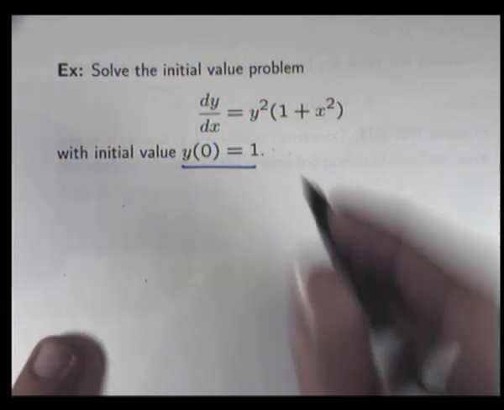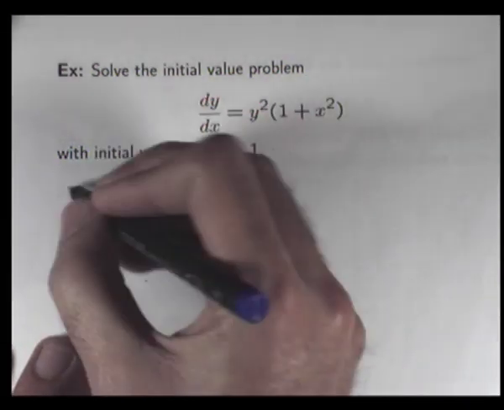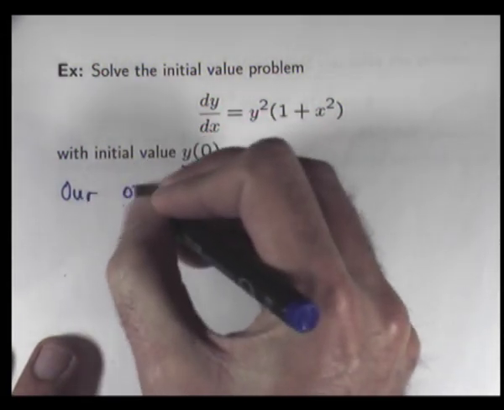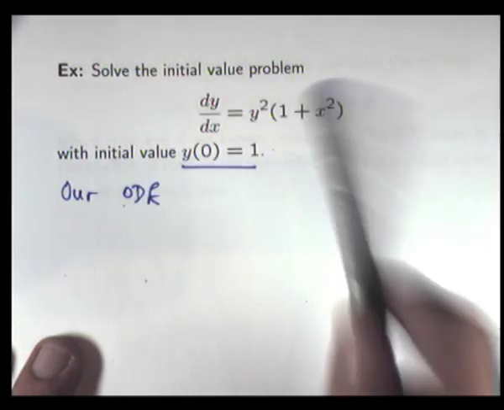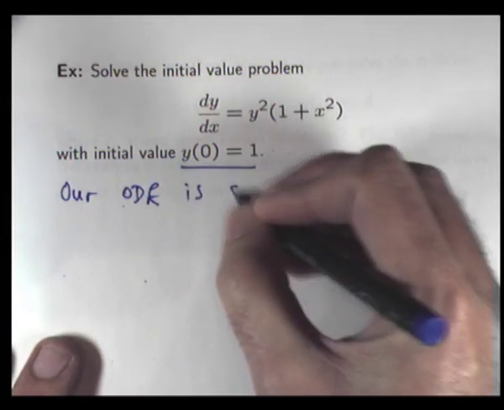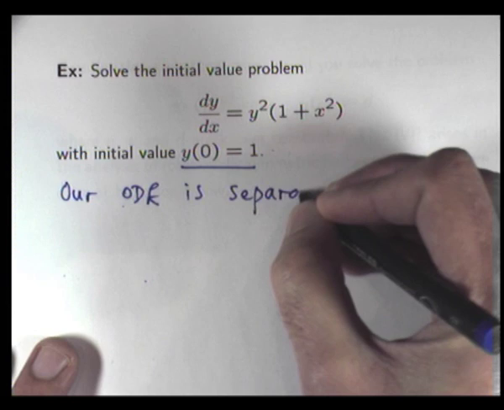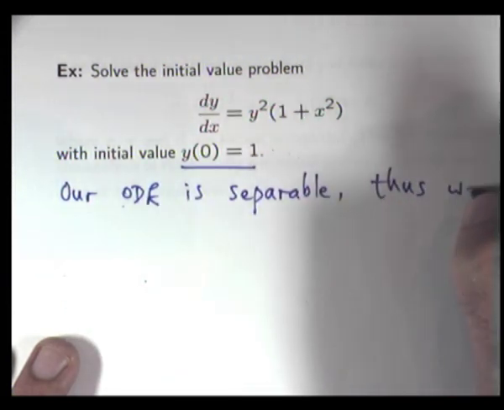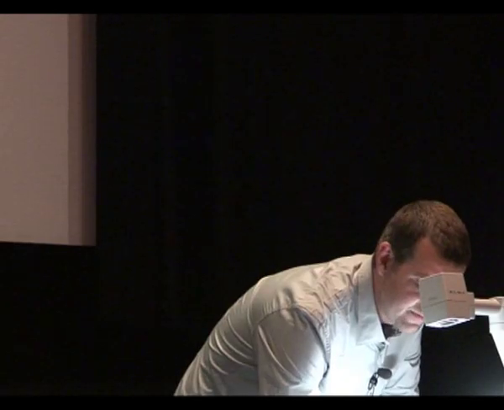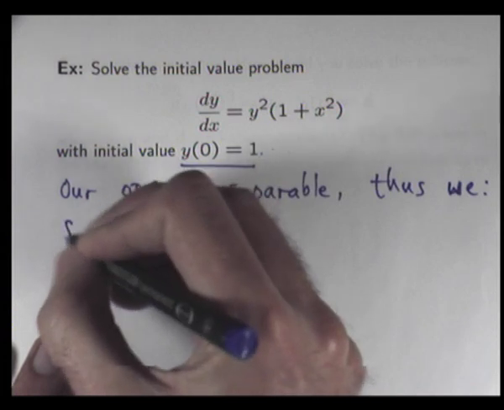All right, so our ODE is separable again. Remember, it's just a function of y times a function of x. So the idea is to separate the variables and integrate both sides.